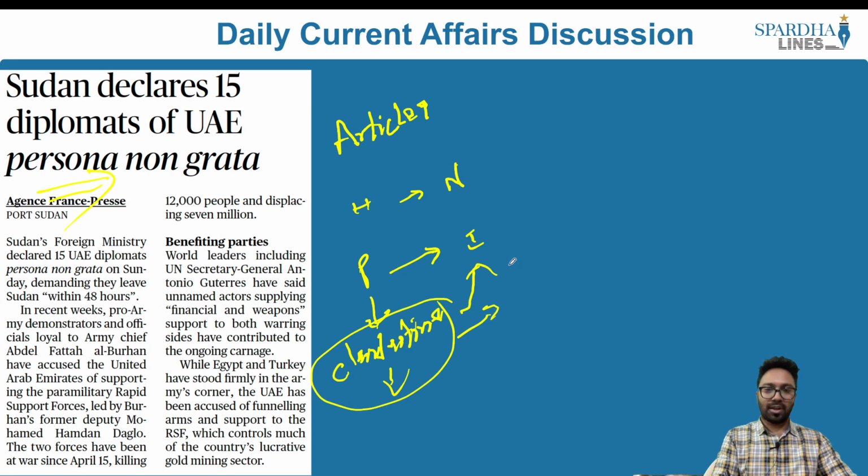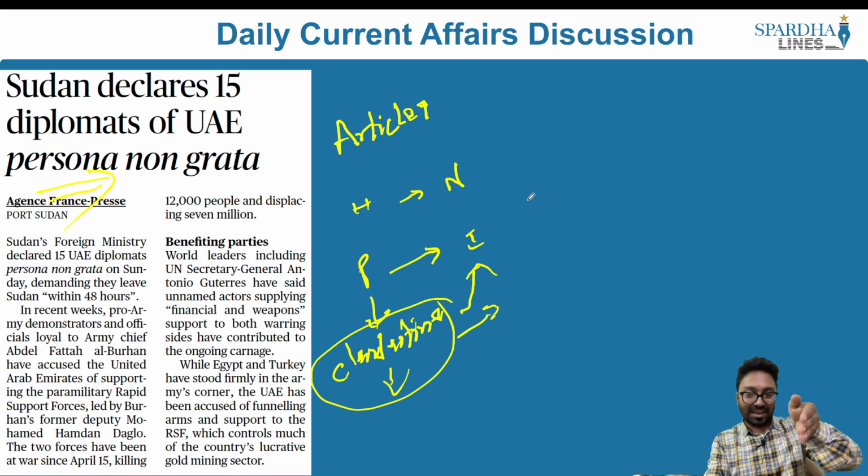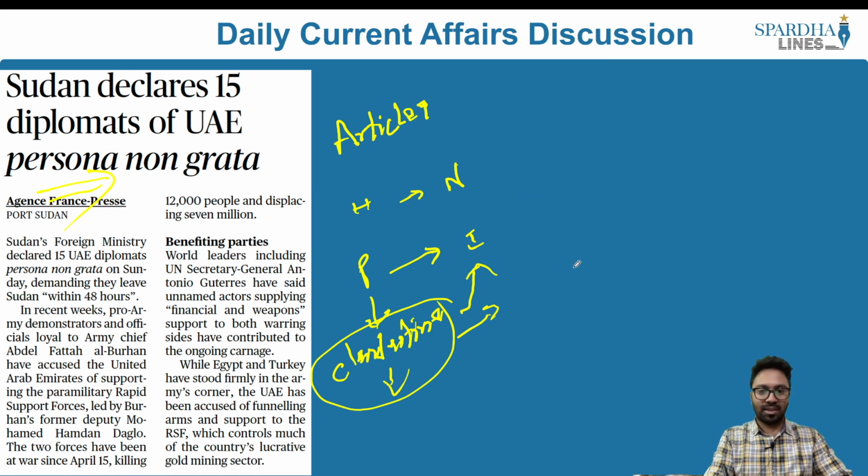So persona non grata basically means that a person from another country living in one of the countries, as a part of a diplomatic move, is being asked to go back to his home country, primarily because of clandestine operations or other operations that the person may have conducted in another country.